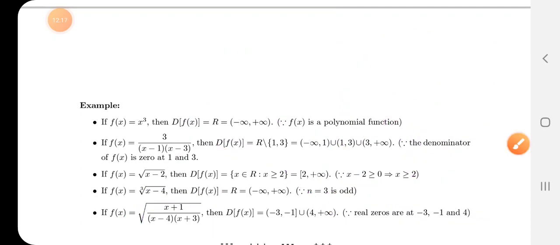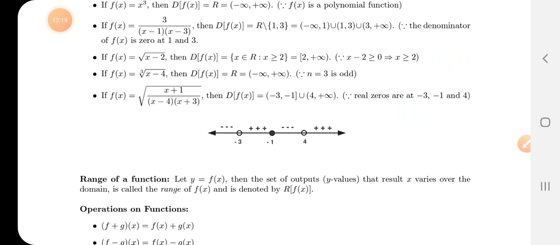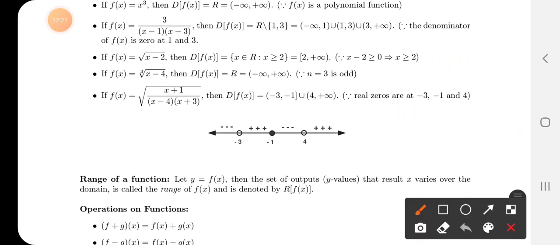If you forgot it, I'll briefly explain how you solve the rational inequality. First of all, you have to find the real zeros of the denominator and the real zeros of the numerator. It means you set the denominator and the numerator equal to 0 separately.